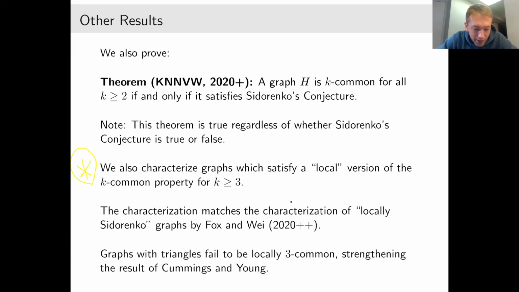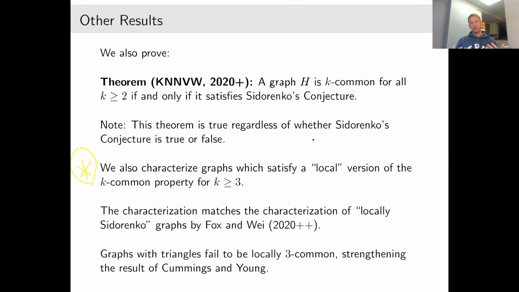Now, a second result that I want to mention, although I'm not going to give you all the required definitions because it's a little bit technical, is that we also characterize graphs which satisfy a certain local version of the k-common property for any fixed k at least 3. So what is a local version?